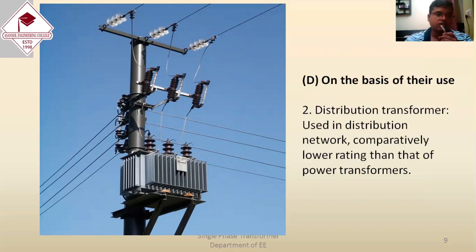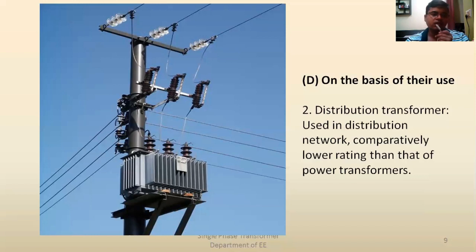Okay, so in transformer, maximum efficiency is achieved when iron loss is equal to copper loss. This I will derive later on. Okay, for the time being you should understand that maximum efficiency condition is that iron loss should be equal to copper loss. So in power transformer, iron loss is equal to copper loss when it is operating on the full rated load condition.